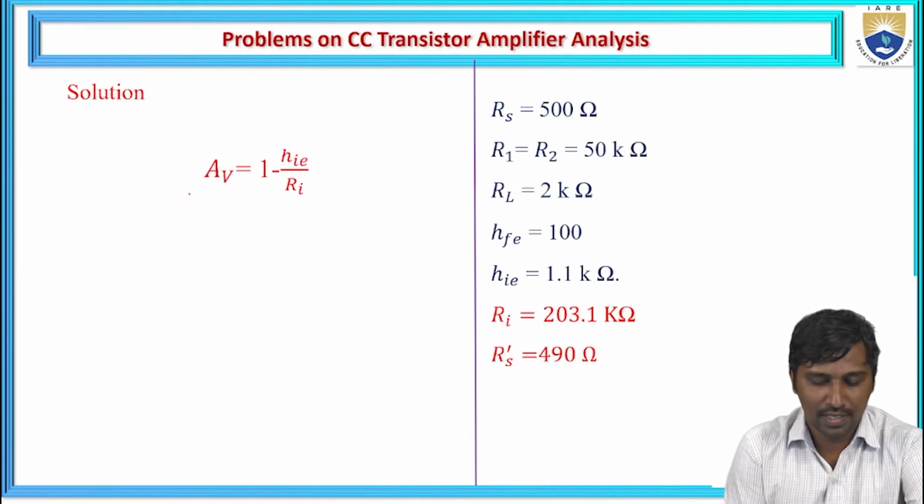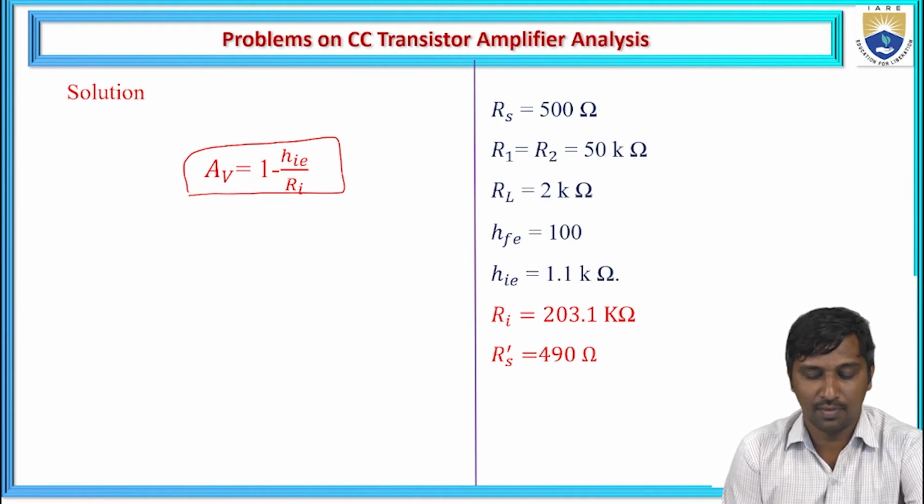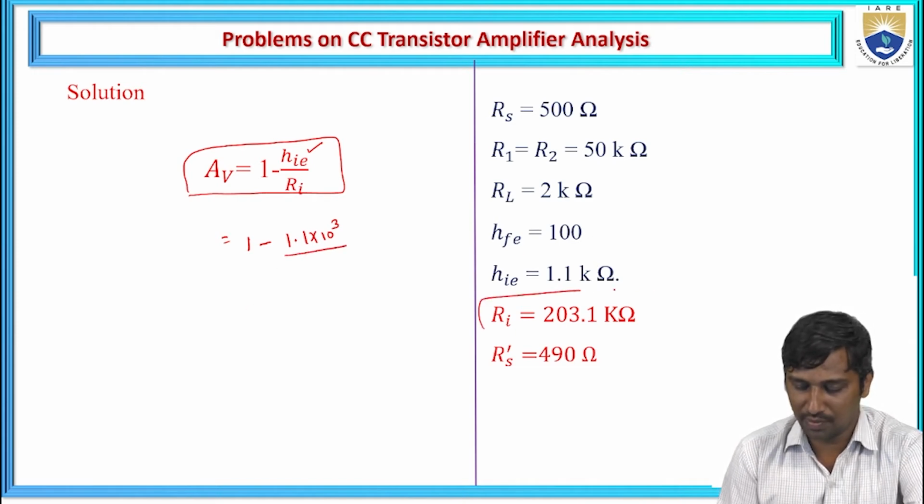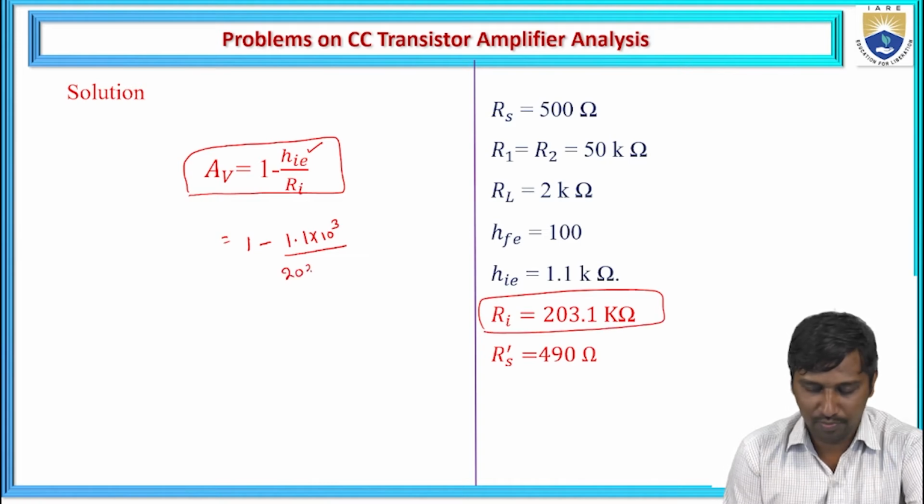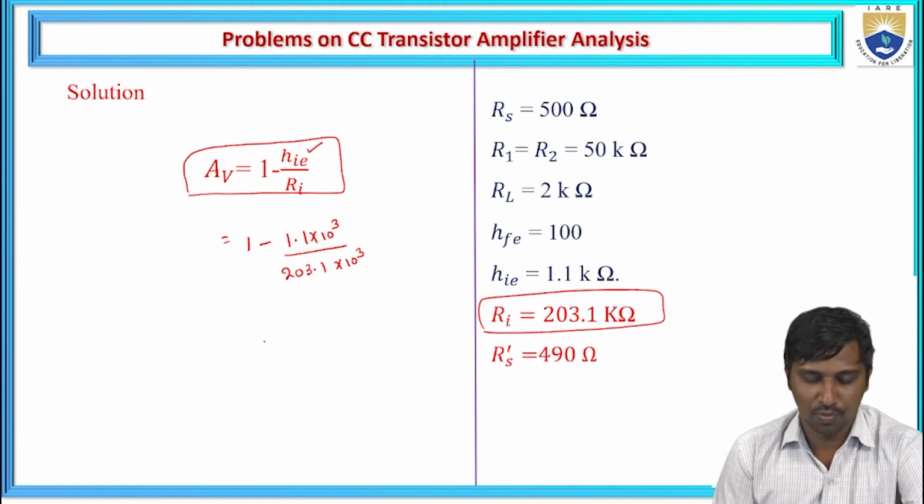To identify the voltage gain based on the small signal model analysis, the voltage gain is defined as 1 minus HIE by RI. Here we observe the input impedance, and HIE is given in the specifications. So 1 minus HIE, which is 1.1 kilo ohms, 1.1 into 10 power 3, by the RI value. RI we got as 203.1 into 10 power 3 ohms.